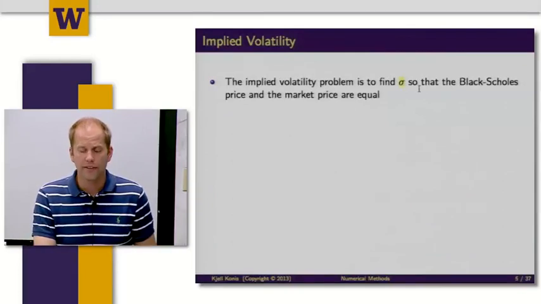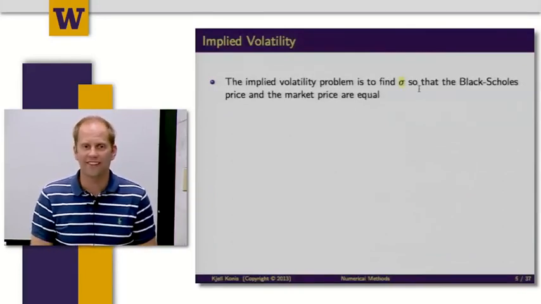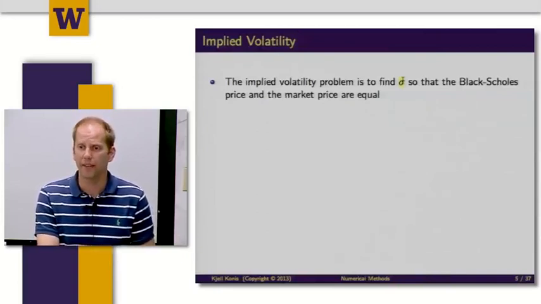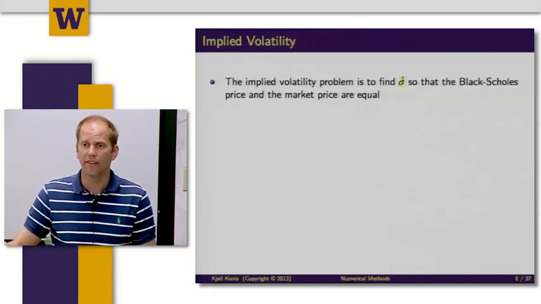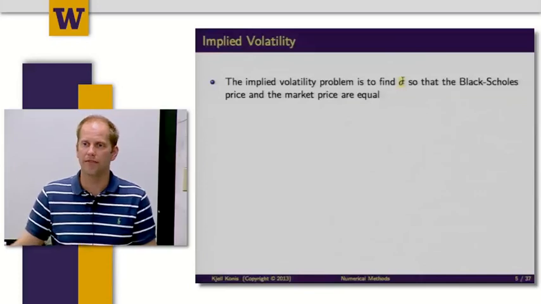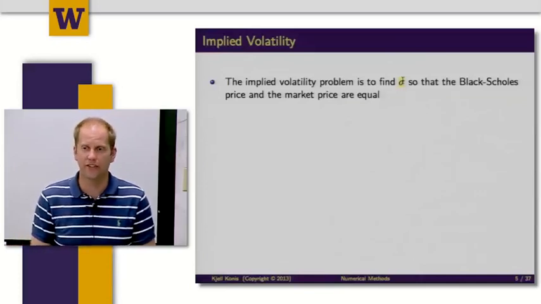And so this is where I was getting at this trial and error thing. I want to just plug values of sigma into my Black-Scholes formula, and I know what the call price should be. For every different value of sigma that I plug in, I'm going to get some price, and eventually, if I just keep guessing long enough, I'm going to get a value of sigma that gets me very close to the price that I know it should be.